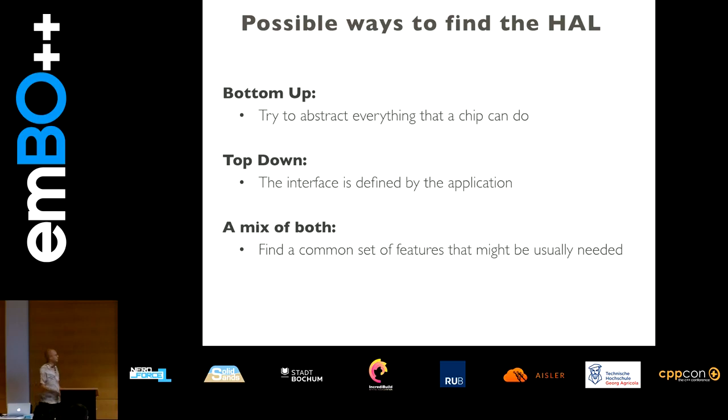So you can do the other approach and go top down. That's, for example, what you do when you write wrappers. You have your application, and you come from the top down and say, okay, what do I need? And for this special thing, I write a wrapper, take an existing driver, wrap the thing that I need, and done. That works, but in my opinion, that's not the best solution.